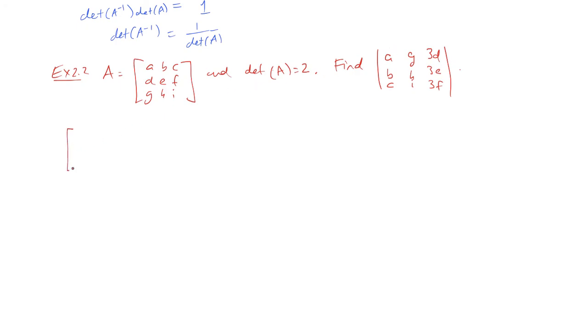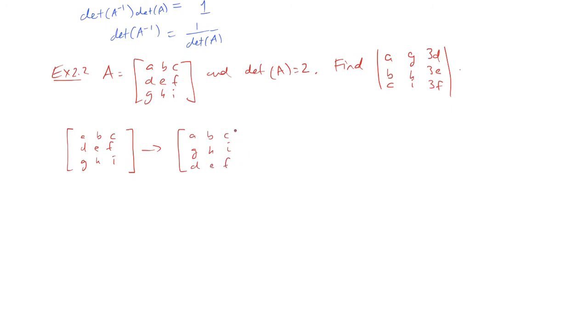So what I'm going to do is we want to start with A and transform it to this new matrix and track what the changes are. And then we can track how the determinant's affected by those changes. So the first thing I want to do is swap the rows D, E, F, and G, H, I. That's one of the changes.